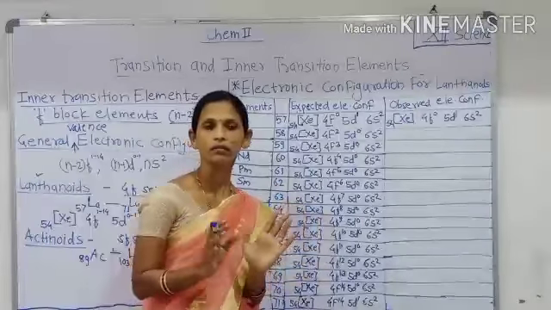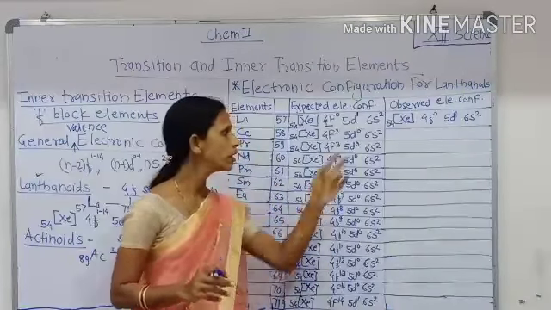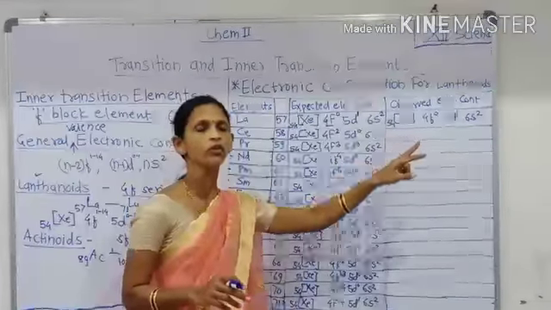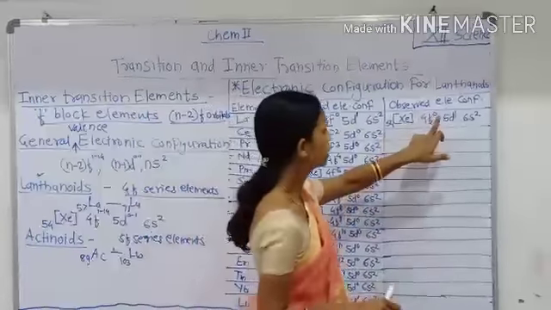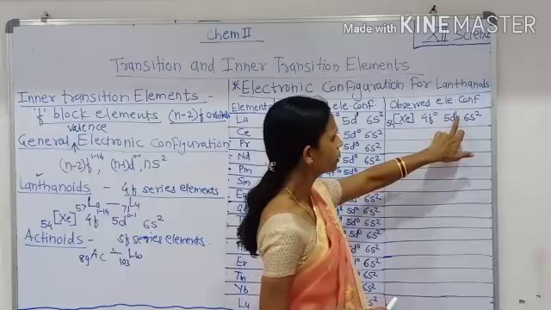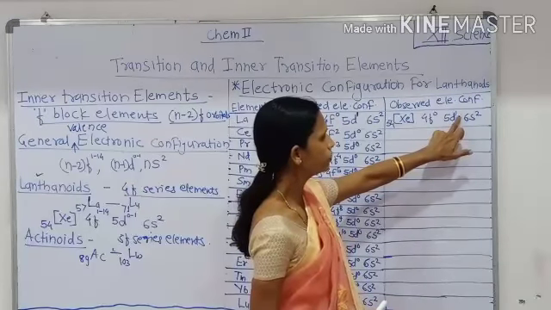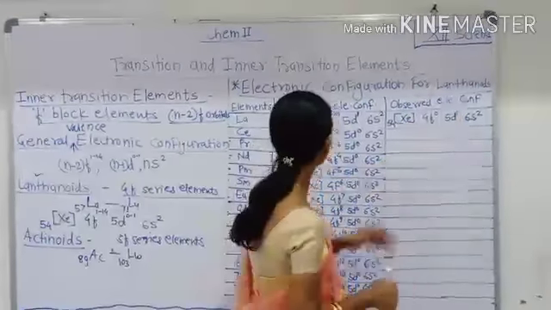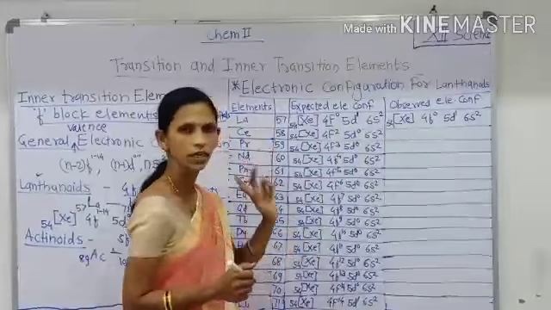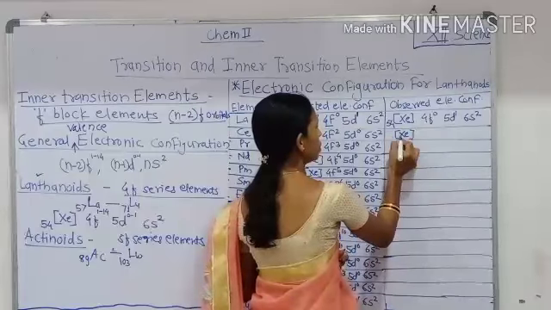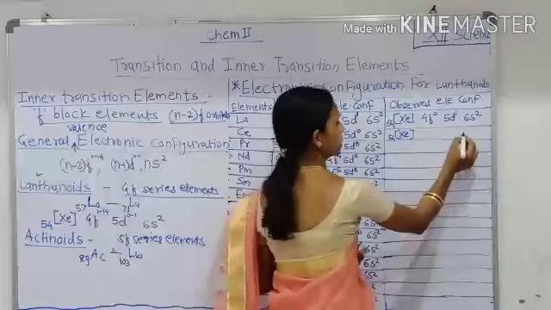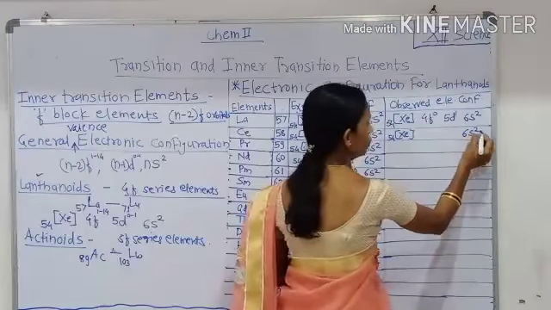Because the energy of the 4f orbital and the 5d orbital is nearly the same, here one electron is present in the 5d orbital. Then see here, in cerium, the observed electronic configuration is xenon 54, 6s2.